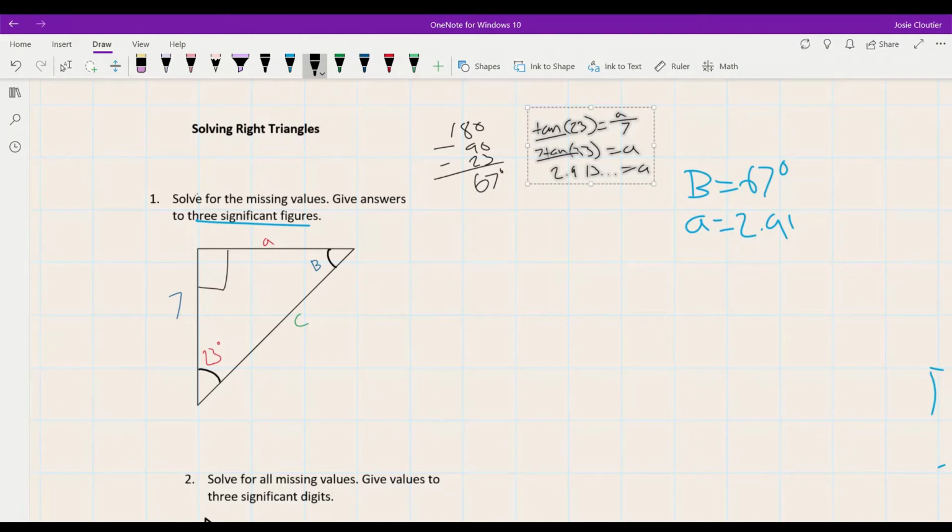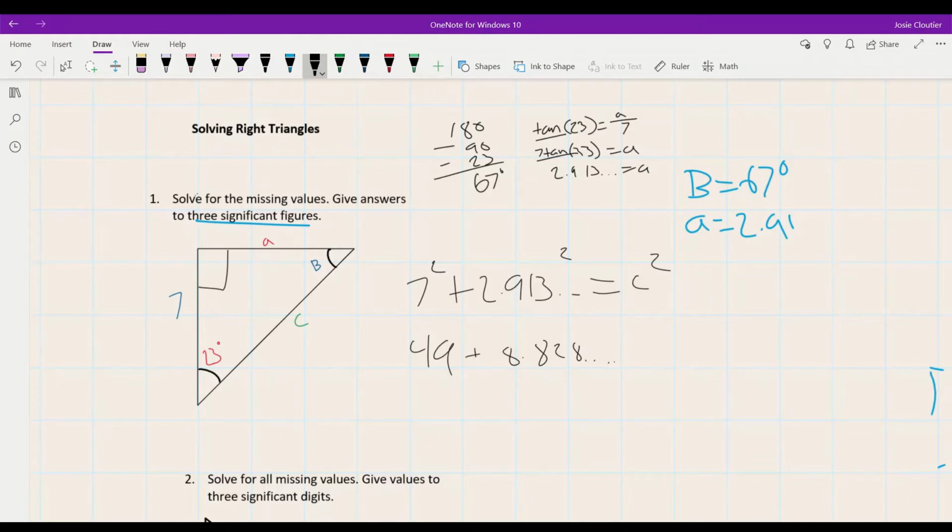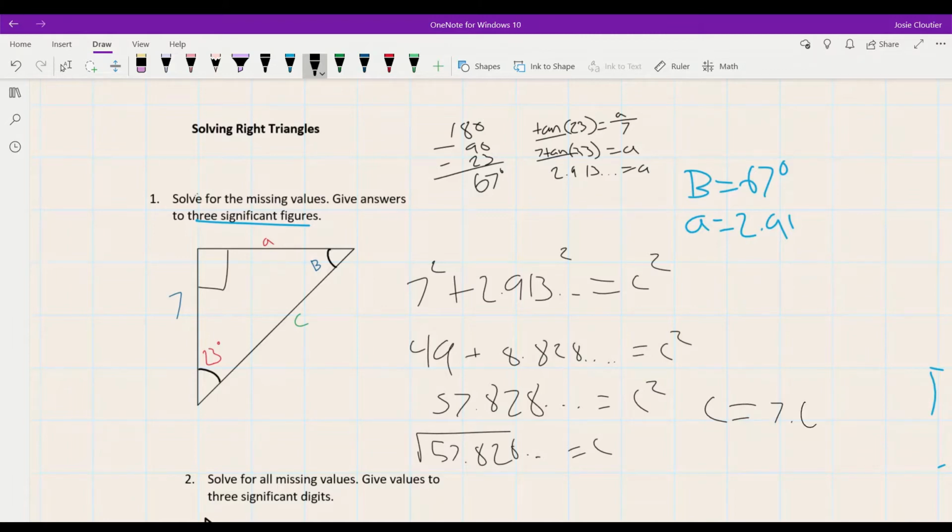So we can say that 7 squared plus 2.971 squared is equal to c squared. 49 plus 8.828 equals c squared. 57.828 is equal to c squared, square root of 57.828 equals c, and we get c is equal to 7.604.